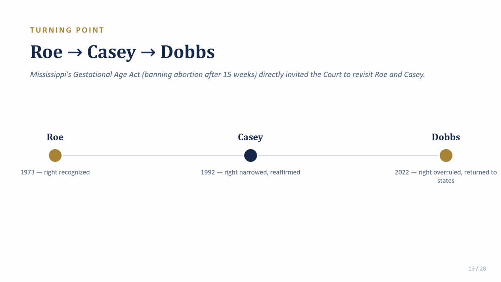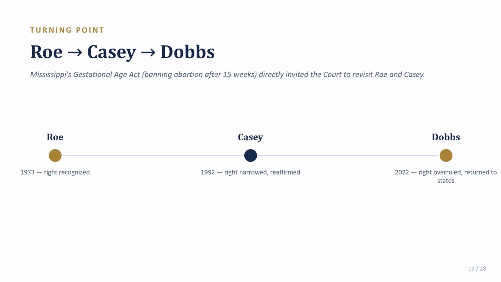Basically, there's this whole debate, right? The Dobbs majority concluded that Roe was egregiously wrong from the moment that it was decided, and that the reliance interest that Casey emphasized was not the kind of concrete, workable reliance that stare decisis is meant to protect.